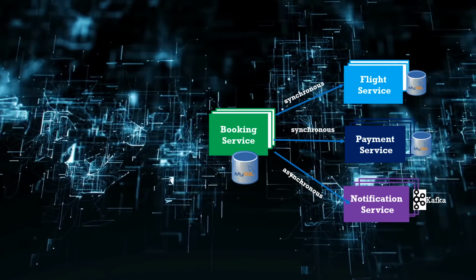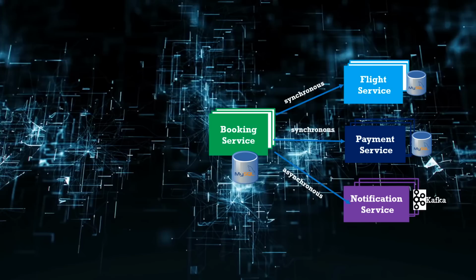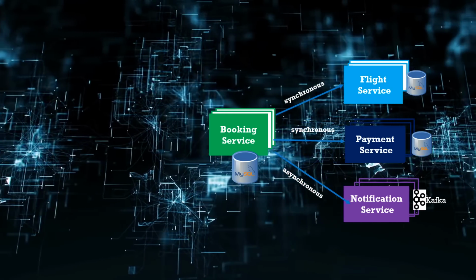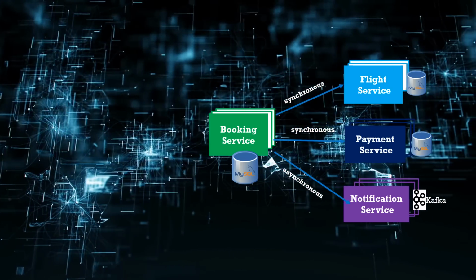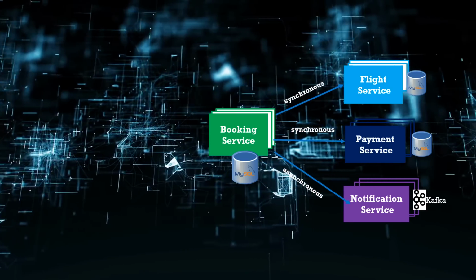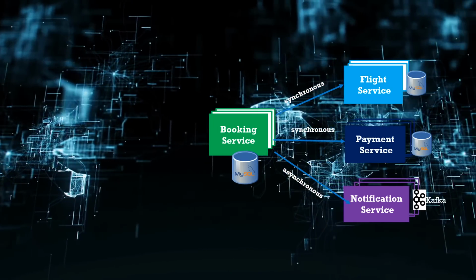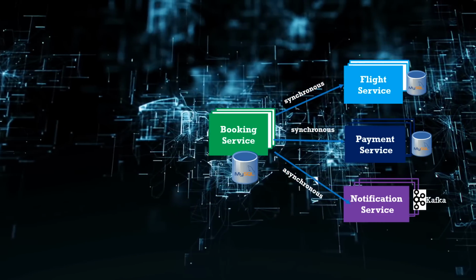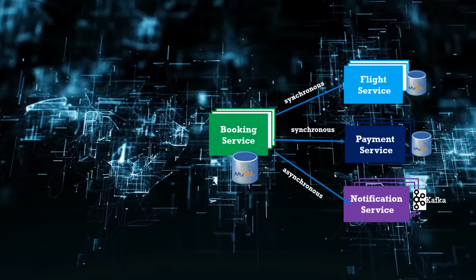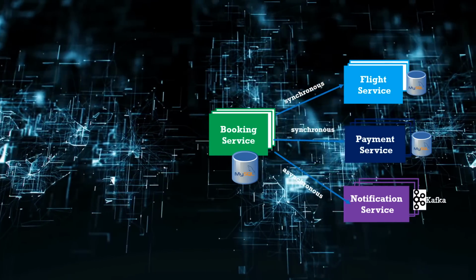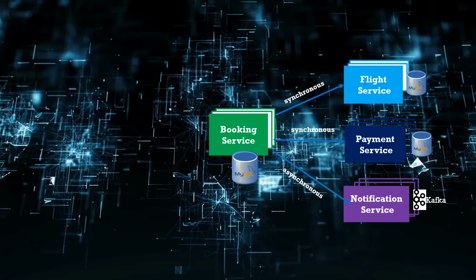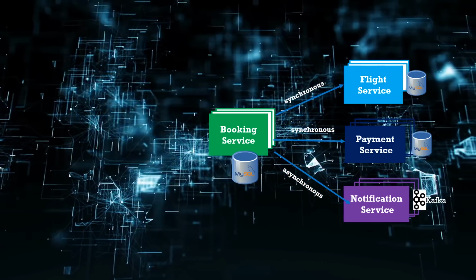Subsequently, the booking service will communicate synchronously with the payment service to process payments. And after a successful booking, the notification service is triggered to send the email notification. We will implement the notification service using an asynchronous communication approach, employing event-driven architecture with Kafka.